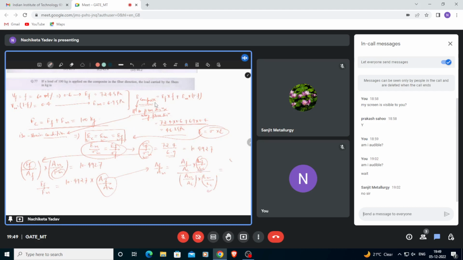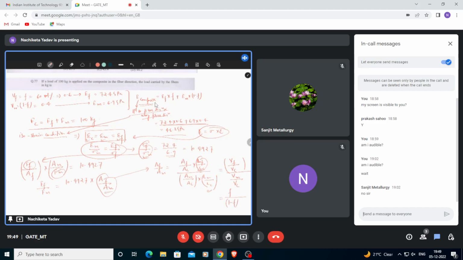So we can write VF, volume of fiber by volume of composite, the total volume we can say, and volume of matrix by volume of composite. This is the fiber volume fraction, and this is the matrix volume fraction.